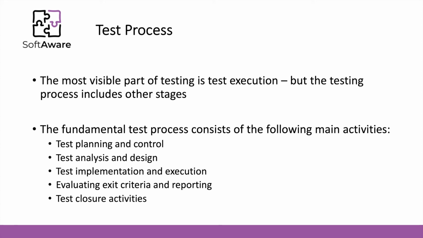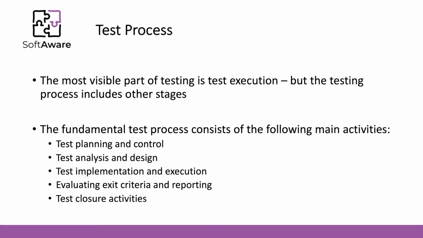Test closure activities collect data from completed test activities to consolidate experience, testware, facts, and numbers. They occur at project milestones such as when a system is released, when a test project is completed or cancelled, when a milestone is achieved, or a maintenance release has been completed.